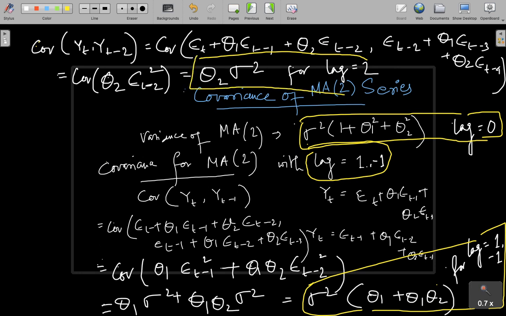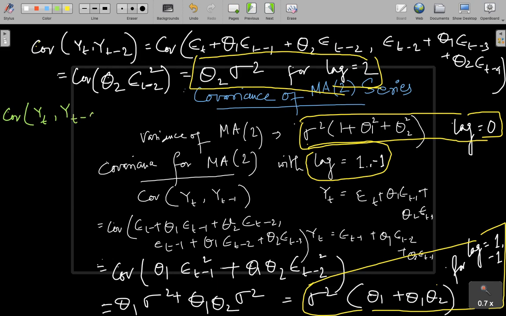Now I will do one more, where I increase the lag to 3 or anything beyond 2. Let's guess what will happen. I'll use a green color since it is looking too congested. Let me write cov of yt and yt minus 3.